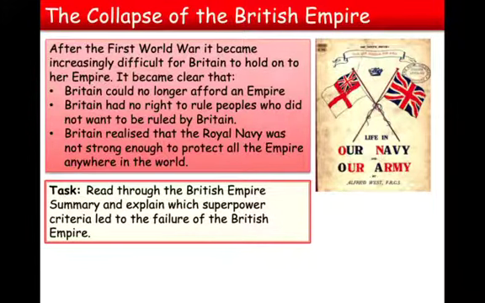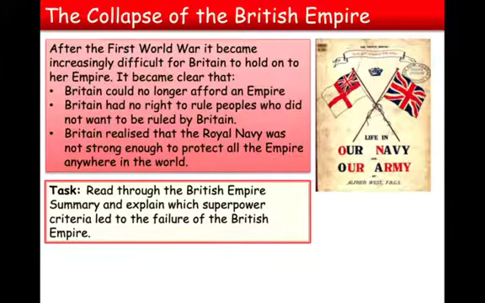Also, in terms of all those links and everything, I also want you just to produce half a page or so of notes, just summarising why Britain eventually fell and failed as a superpower. In particular, expand on the fact that Britain couldn't afford an empire. Why not? The fact that the right of Britain to rule other areas of the world at that point in time in the 20th century was suddenly, well, you know, it's not the done thing.